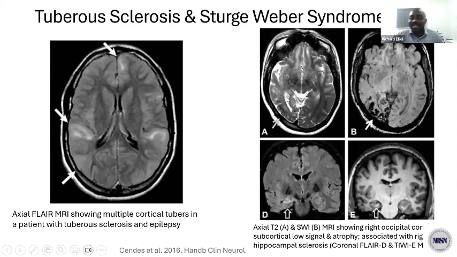And in the set of images on the right, we can appreciate the cortical atrophy and hypointensity, which appears as signal void on this susceptibility weighted image. This is characteristic of tuberous sclerosis. In this same patient, there is also a coexisting hippocampal sclerosis, which sometimes can occur in a patient being evaluated for epilepsy.